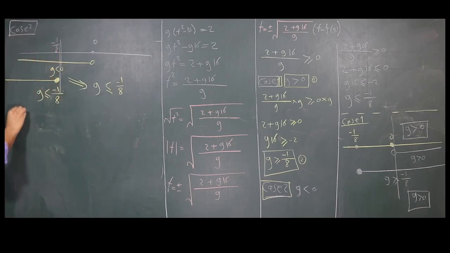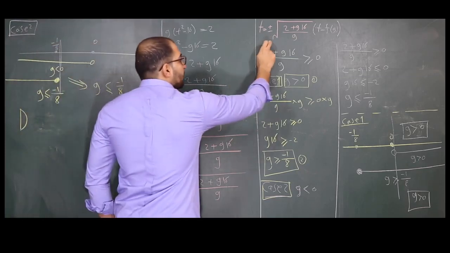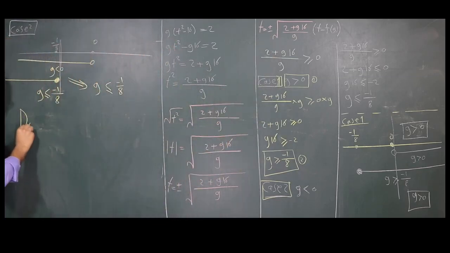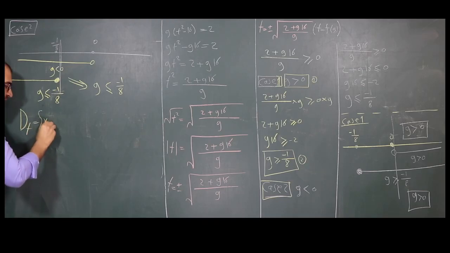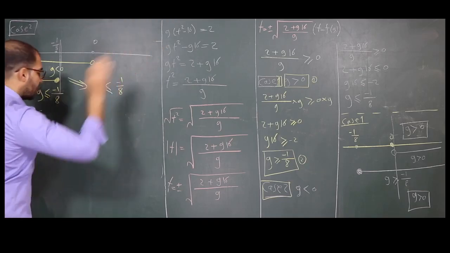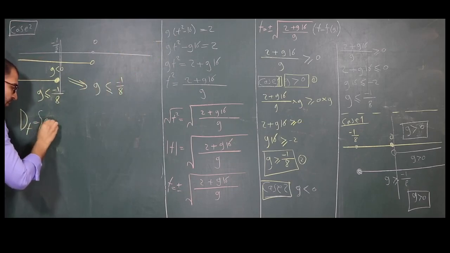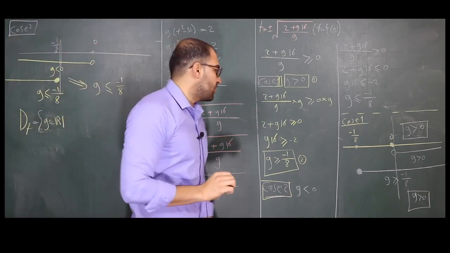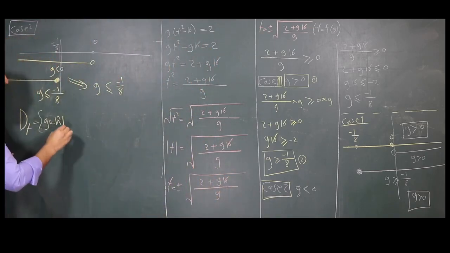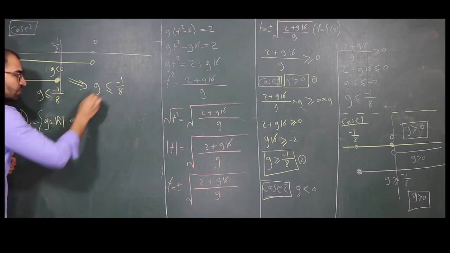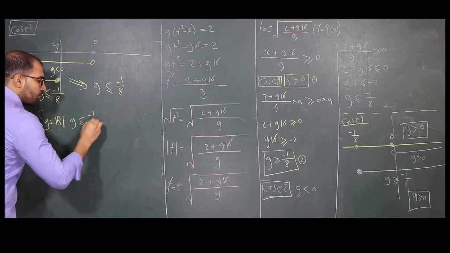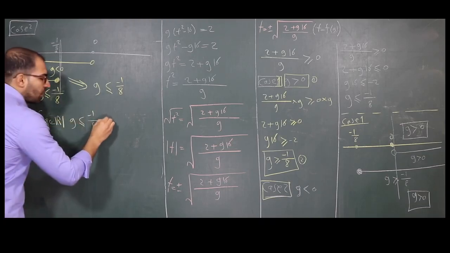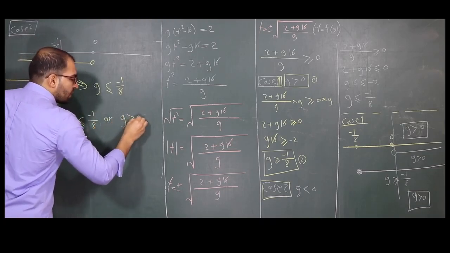So the domain of the new function, which I'm going to call t, will be all g belonging to R, and we have two conditions: from case 2, g less than or equal to minus 1 divided by 8, or from case 1, g greater than 0.